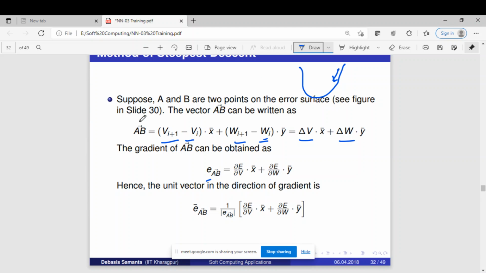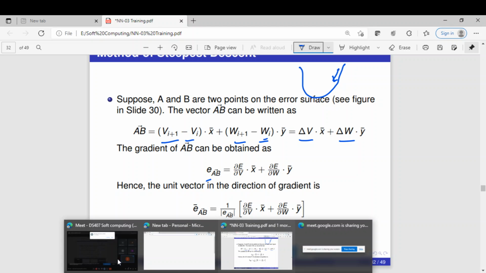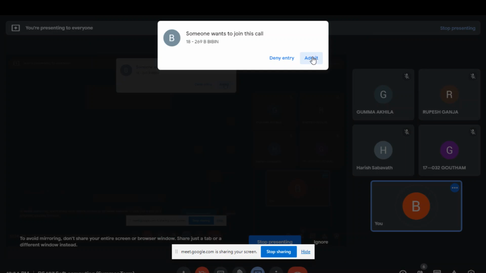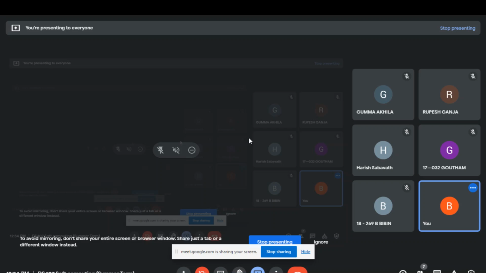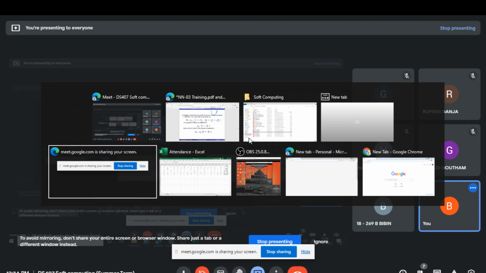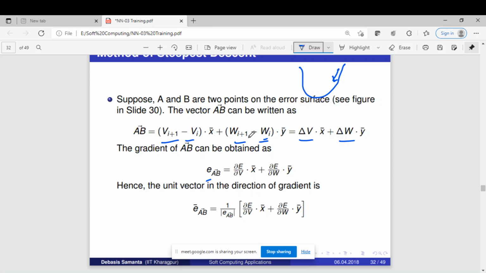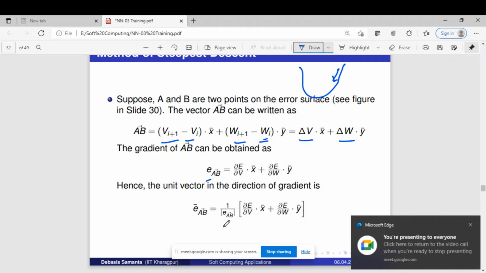Now this part, 1 by EAB, we can represent as eta.